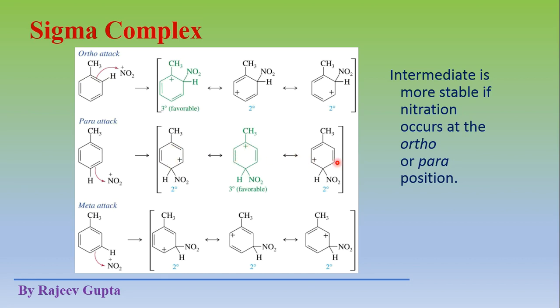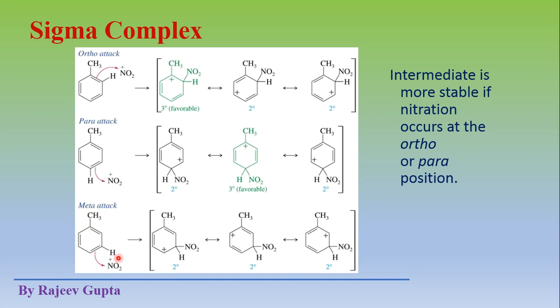So only three resonating structures we get. In these structures also we get the positive charge in the resonating structure at the ipso position and at the meta position.